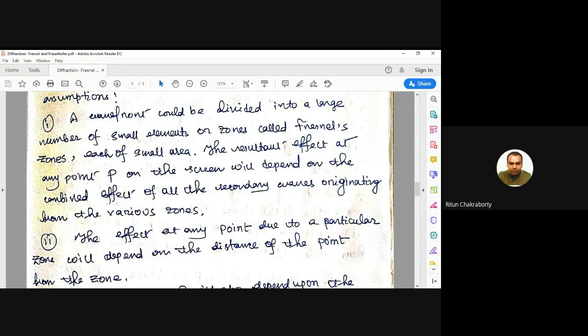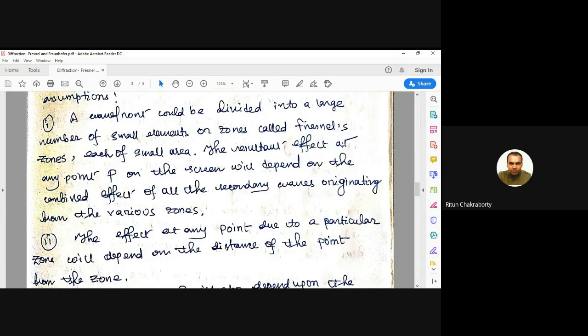The resultant effect at any point P on the screen will depend on the combined effect of all secondary waves originating from the various zones.